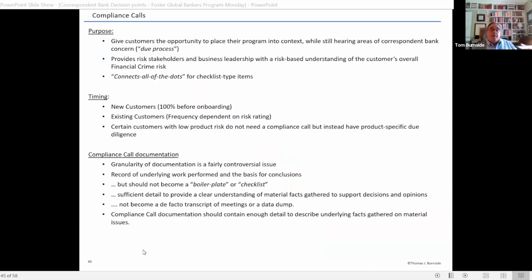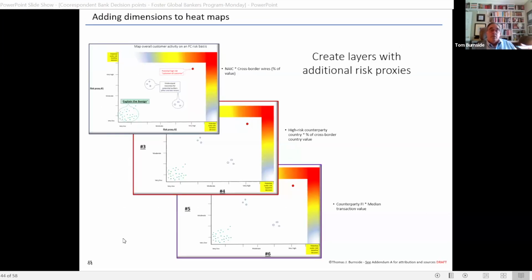So that's, in a very summary fashion, how you deal with heat maps. Once again, we deal with the customers. We want to explain 100% of their customer base. We do that through the top transactors, distributed, that sort of thing.